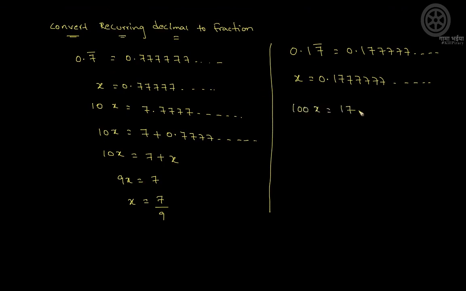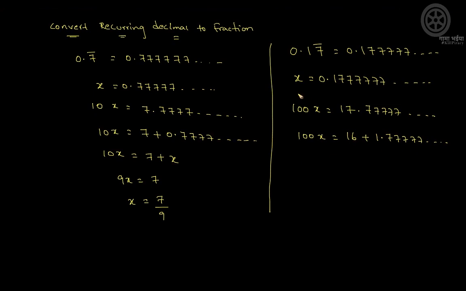So I will have the number 17.7777. Now 100x equals 16 plus 1.7777. How do I get 1.7777?